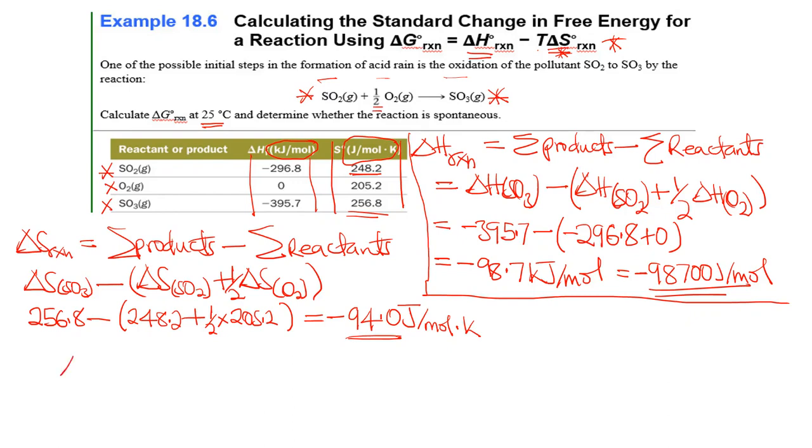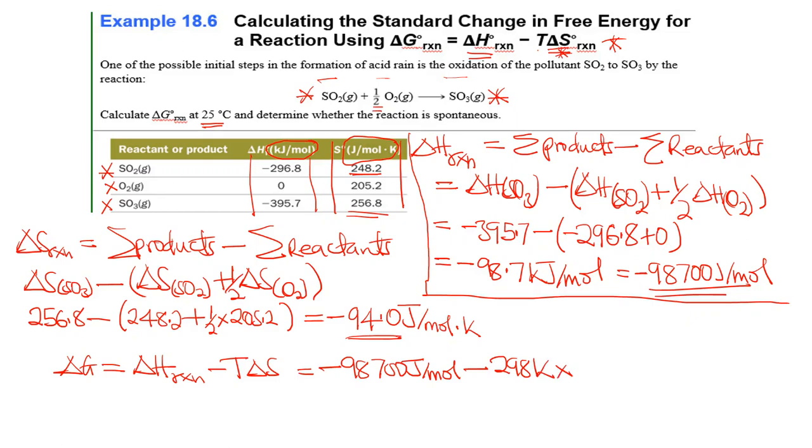Now we are going to determine our delta G. We know that delta G is given by delta H reaction minus T delta S, which in this case is negative 98700 joules per mole minus our T, which is 298 Kelvin, times our entropy, which is minus 94.0 joules per mole per K. The Kelvin here will cancel, and we are going to have joules per mole as our units.